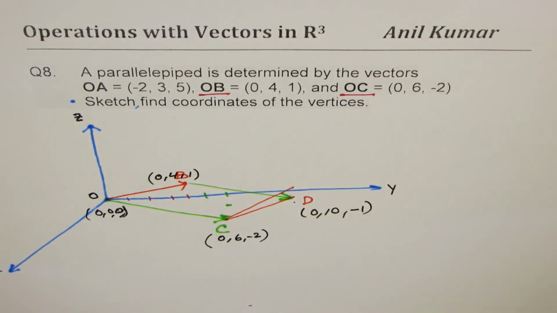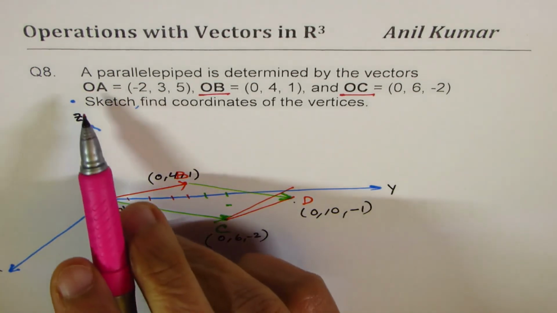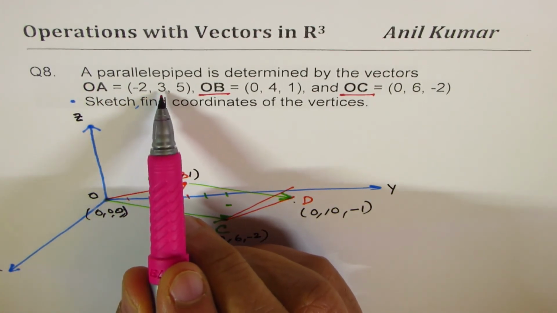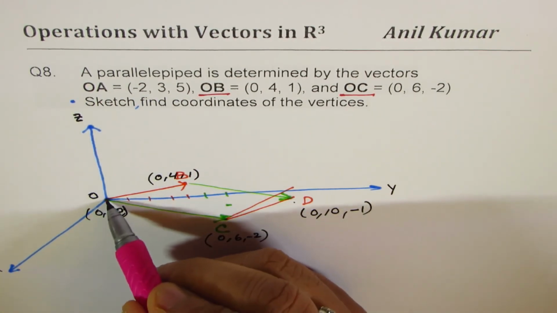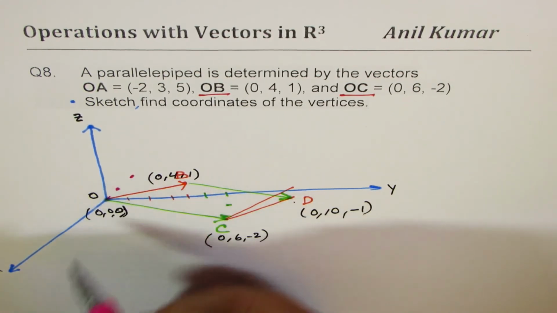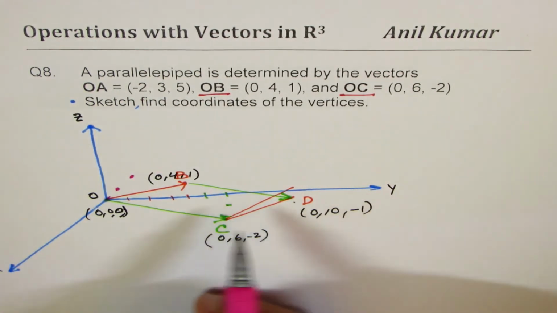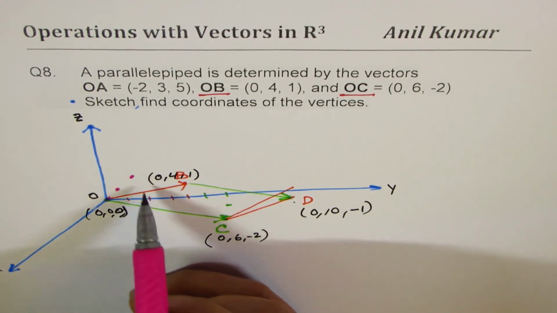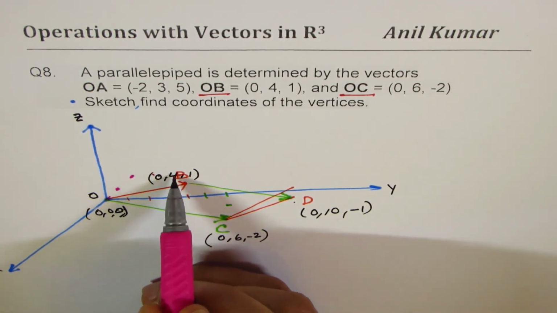Okay. Now let's consider point A, that is position vector OA, minus 2, 3 and 5. So minus 2 will be in this direction. Is it okay? So that is minus 2. 3 we are going in this direction, 1, 2, 3, 4. That kind of a thing we'll take. So we'll go 1, 2, 3.